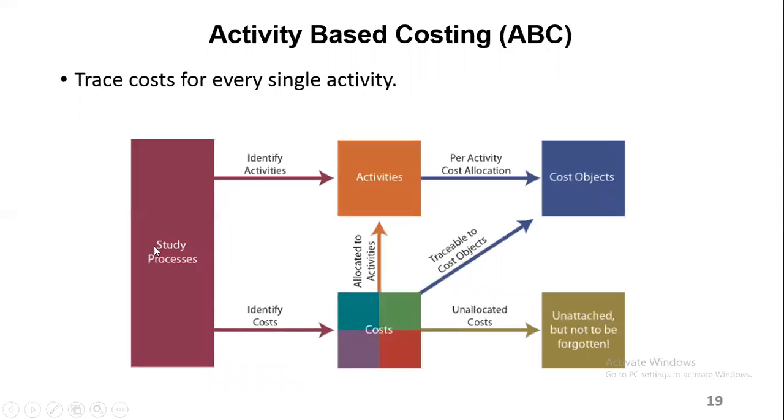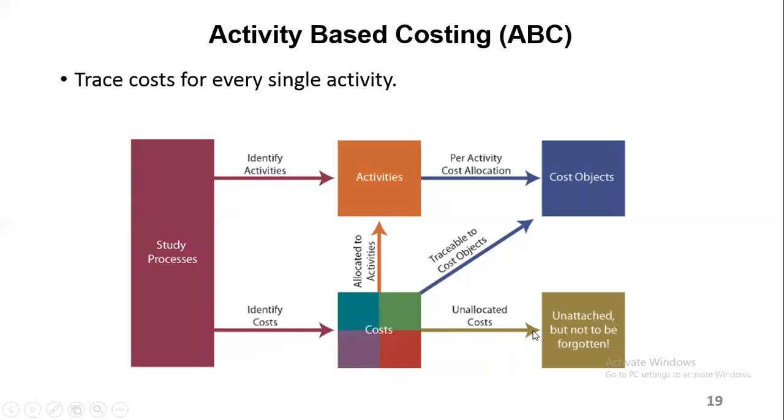So it starts off with something like this; it can be a study process, or it can be the project that you're doing. In that project, you need to identify the activities. Once you have identified all those activities, you need to identify costs for all those activities. Those costs are allocated to the activities. There are also some unallocated costs.